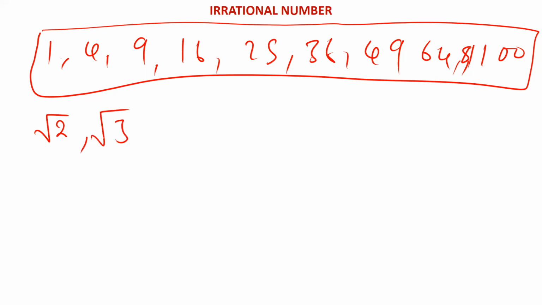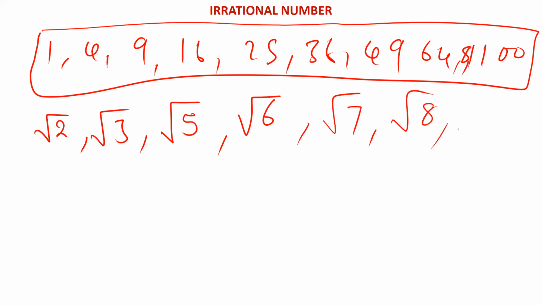Square root of 3, irrational number. Square root of 5, irrational number. Square root of 6, irrational number. Square root of 7, square root of 8, square root of 10. So any square root of a non-perfect square is an irrational number.